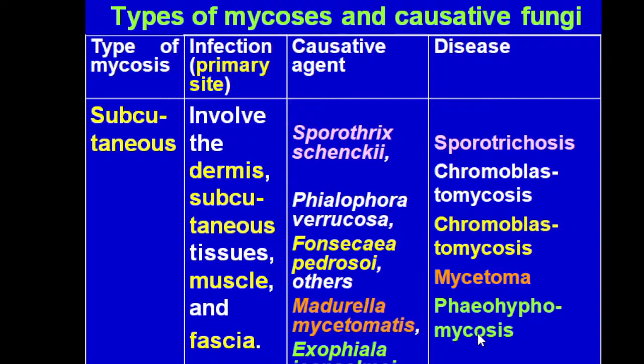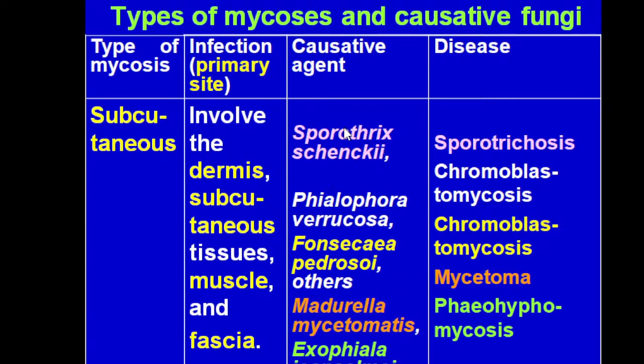The skin is supposed to be injured, or fungi should be inoculated deeper inside the subcutaneous tissues. And the infection may progress to muscles, subcutaneous tissues, and even fascia can be affected by these fungi. And you can see here the names of causative agents.